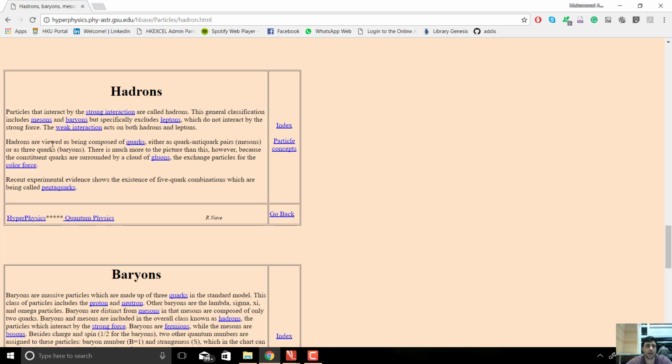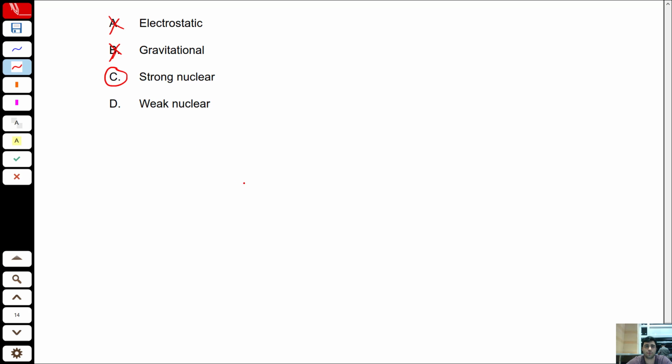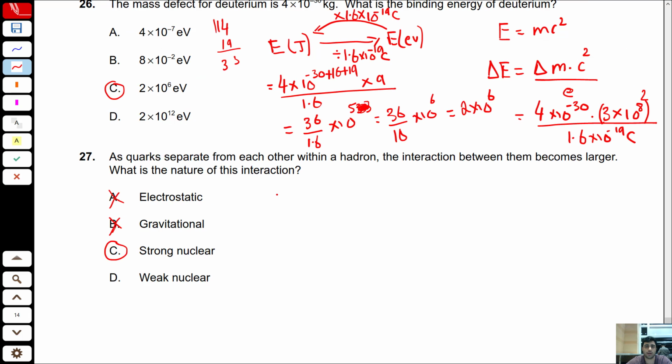Hadrons are viewed as being composed of quarks, either as quark-antiquark pairs, or mesons. So here is your answer actually. Particles that interact by the strong interactions are called hadrons, so we choose the option that says strong interaction. Strong nuclear forces exist between hadrons.